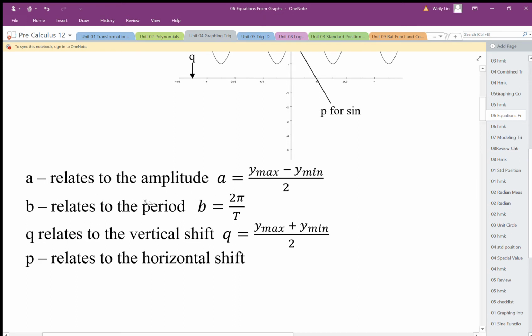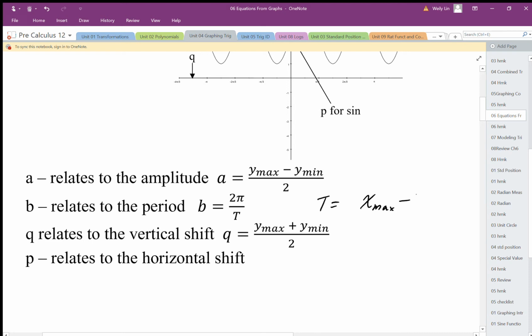B relates to the period. So we want to find the period. We know that the b and the T are related with this formula, and it's essentially the same formula. You can interchange those, and we can find the period by doing this. We take the x position of our max or min.